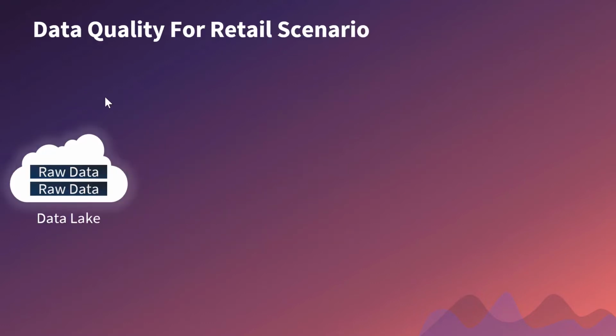In our demo, we're assuming raw data has been loaded from legacy systems onto a data lake. The first thing will be to set up data quality rules. What do we want to be respected in the data sets to say the data has a good quality?